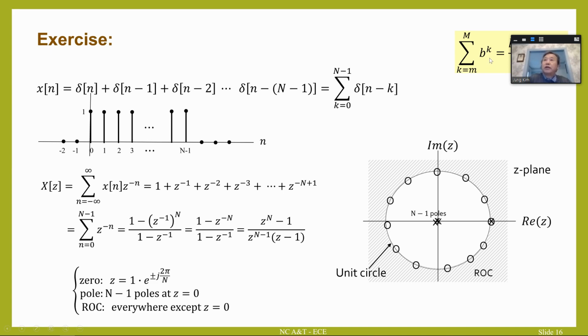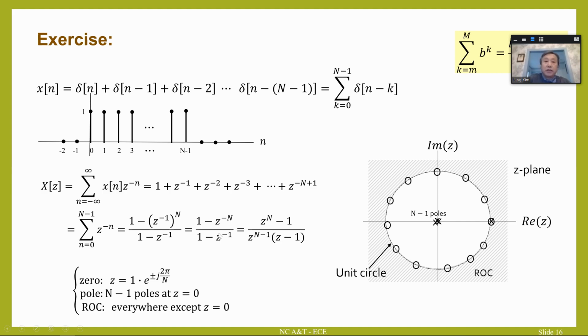We can use 1 minus b, where b is G to the minus 1. Starting from G to the minus 1 to the 0, so small m is 0. The last point is large M minus 1, so large M minus 1 plus 1 gives large M, G to the minus n.